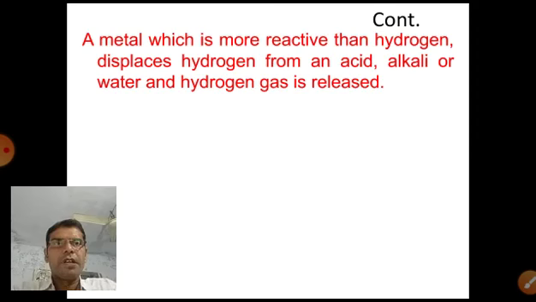The metals which occupy positions above hydrogen in the activity series all displace the hydrogen gas from the acid, alkali or water, and those metals placed below hydrogen are unable to displace the hydrogen gas from the alkali, acid or water.